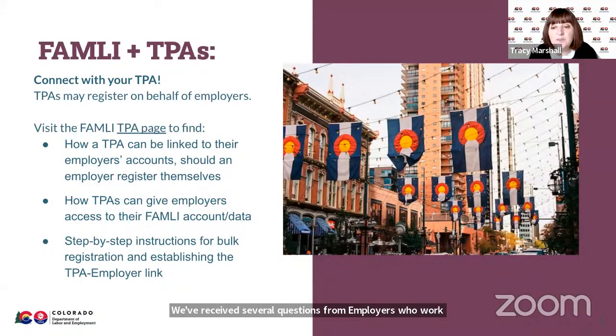Here's what you need to know if your business is represented by a third-party administrator. First of all, connect with your TPA. They may be registering on your behalf. If that's the case, you don't need to register your business again. If you've already registered your business on your own, let your TPA know that you've completed the process.